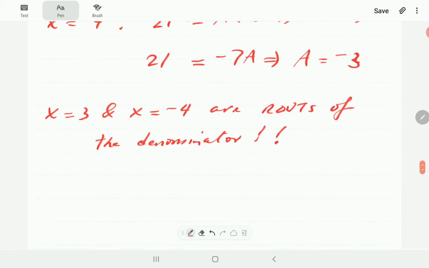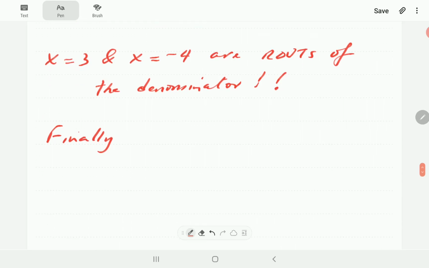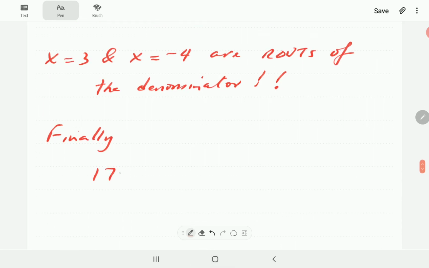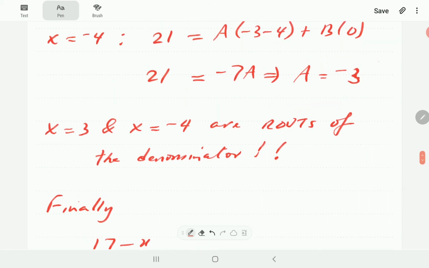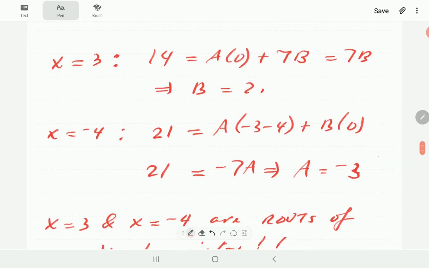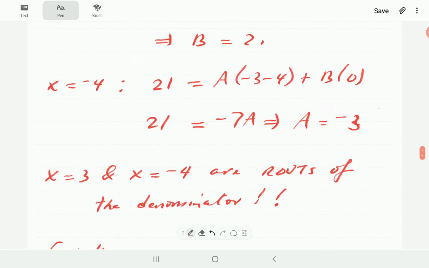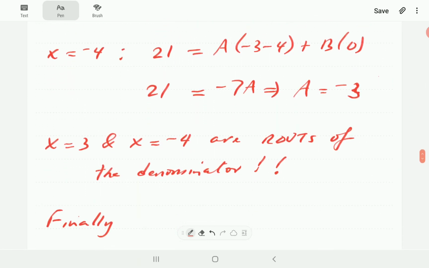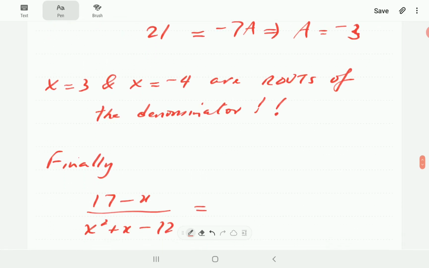But for this example, we now can write it in partial fraction form. So 17 minus x over x squared plus x minus 12 is going to be, b is 2, so let's start with the positive one.